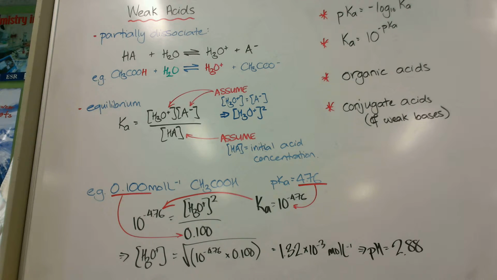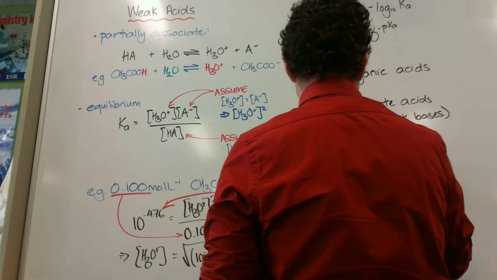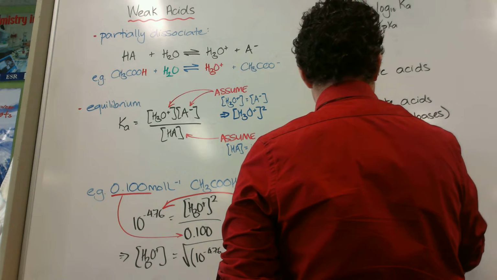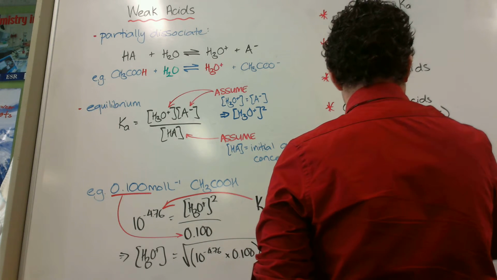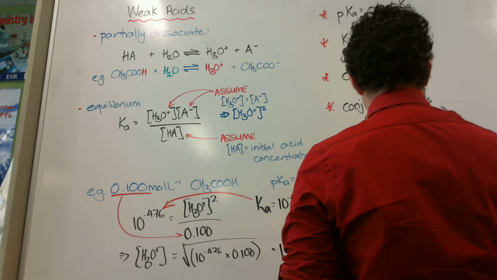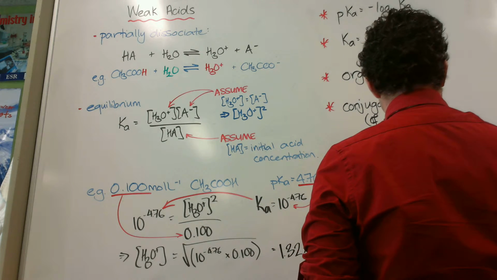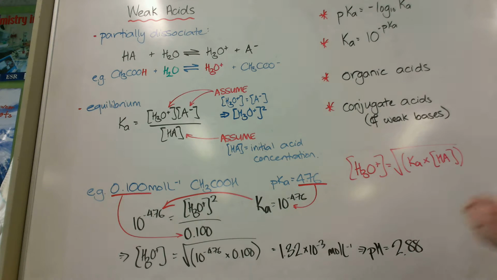So if you wanted a general equation for this, that's it there. So if you're better at learning an equation rather than applying some rules, learn that off by heart. It's only true for a weak acid or an acidic salt.